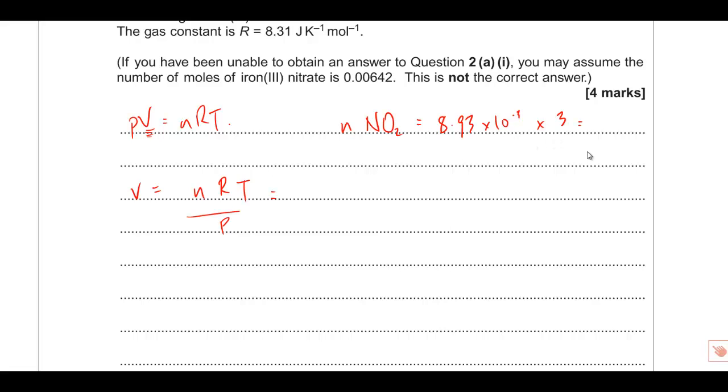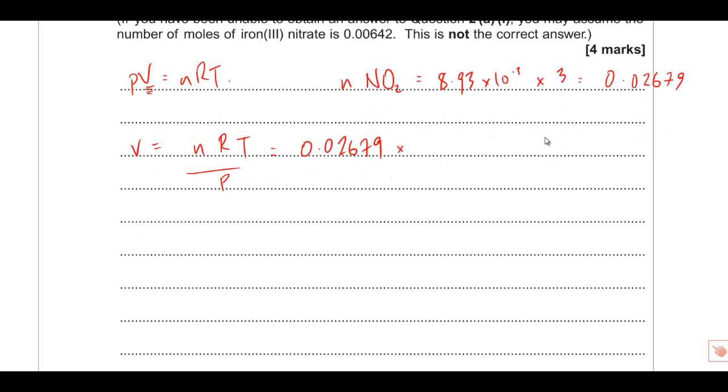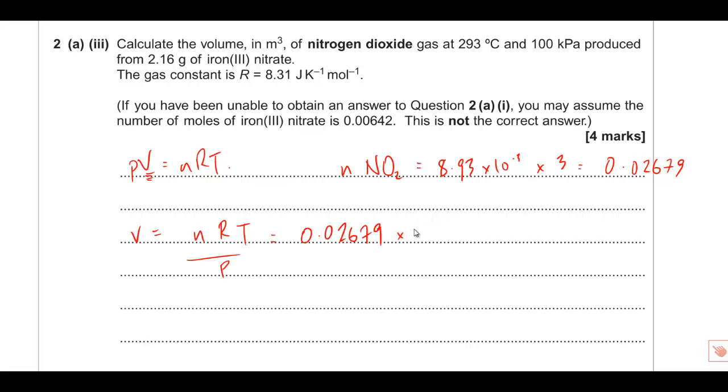This comes out to 3 significant figures as 0.0269. No, it's not. 0.02679. That's going to feed directly into here. R, scroll up a little bit, R is given to me as 8.31.